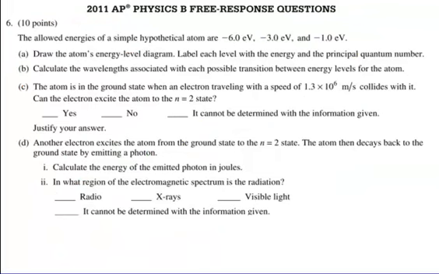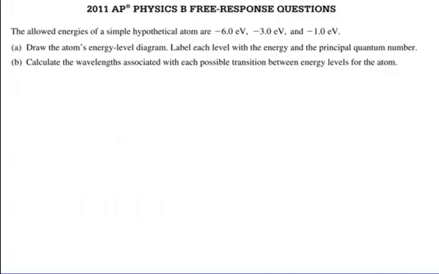The second problem says that we have allowed energies of a simple hypothetical atom are -6 electron volts, -3 electron volts, and -1 electron volts. And the first thing we want to do is, for A, we want to draw the atom's energy level diagram. Okay, so we have n equals 1, that's my principal quantum number, and that's at -6 electron volts.